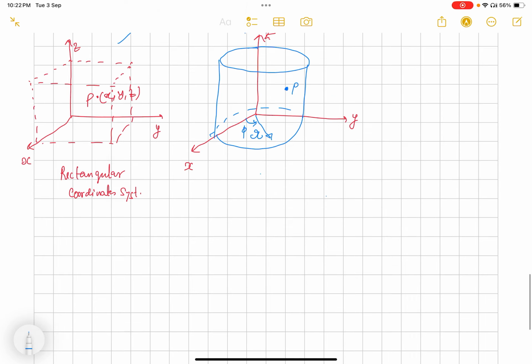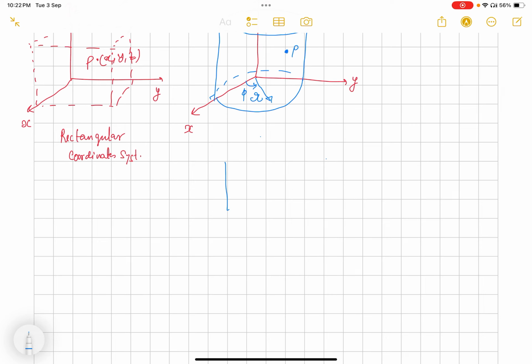If we see it in two dimensions in the xy plane, it will look like this: r, phi.